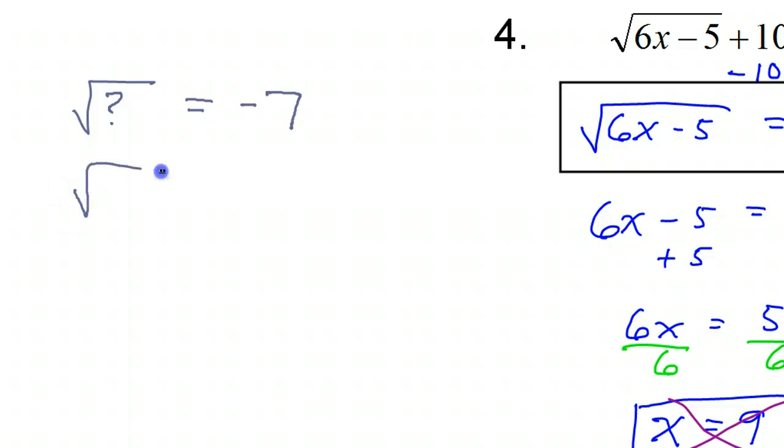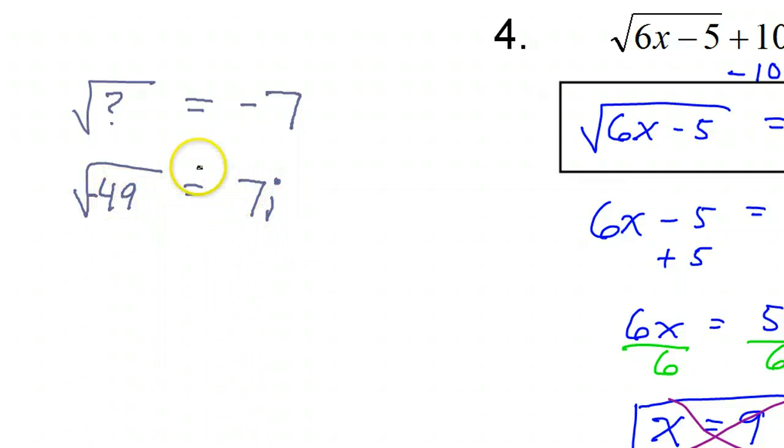Well, I know the square root of 49 is 7. Alright, that's close, but I want a negative 7. Okay, so that's close, but no. How about the square root of negative 49? Is that going to give me negative 7? No. If you take the square root of a negative number, you don't get a negative number, you get an imaginary number. So that would be 7i.